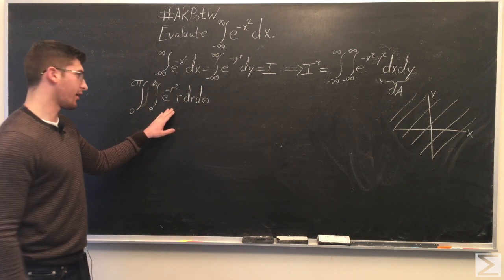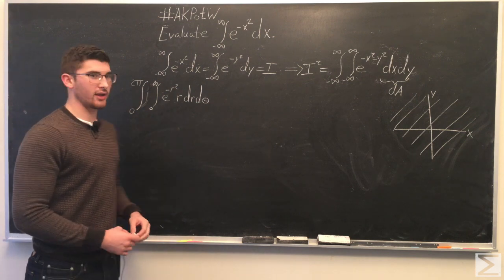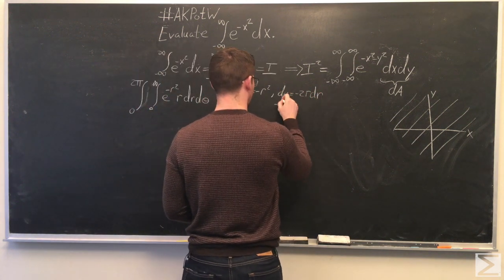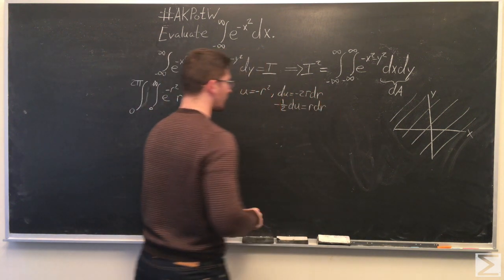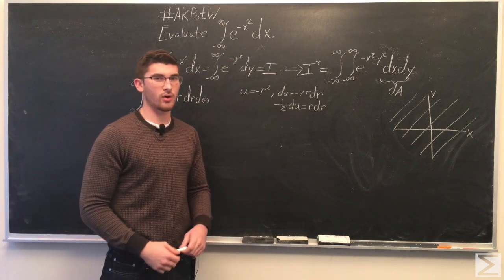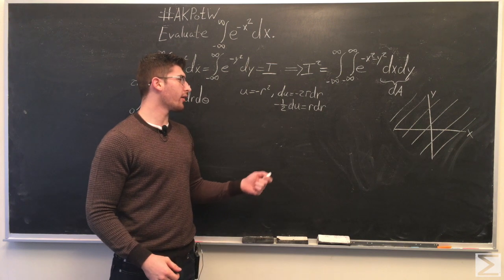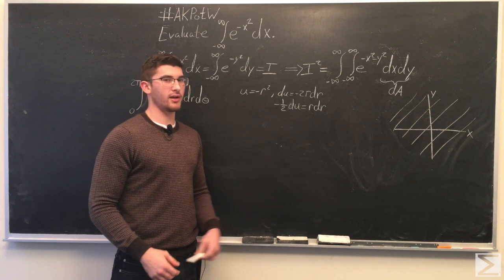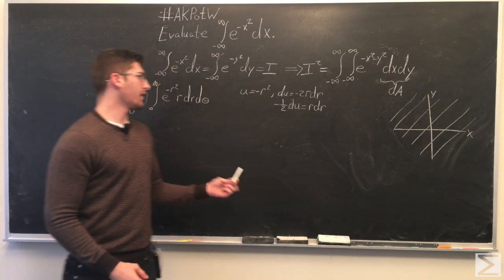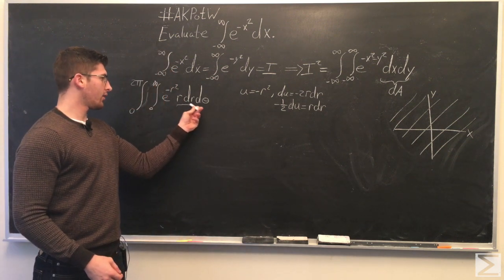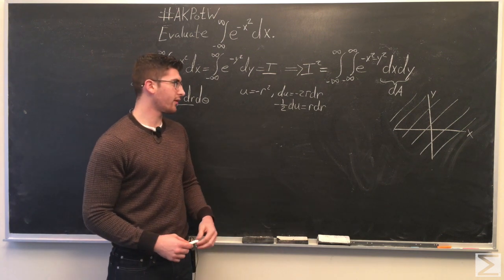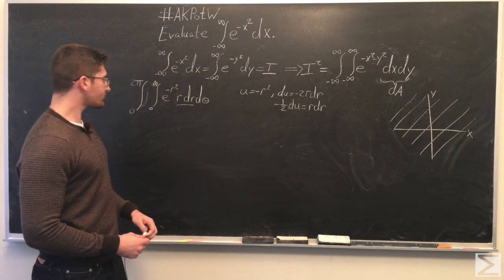And then what we want to do next is u substitution. I will have u equal negative r squared, so du equals negative 2 r dr. Then you just solve to get negative 1/2 du equals r dr. We have r dr right here in our integral, so we can sub that out for negative 1/2 du.